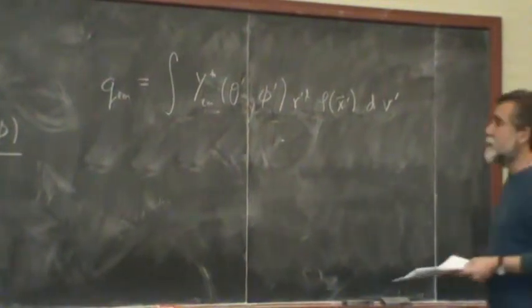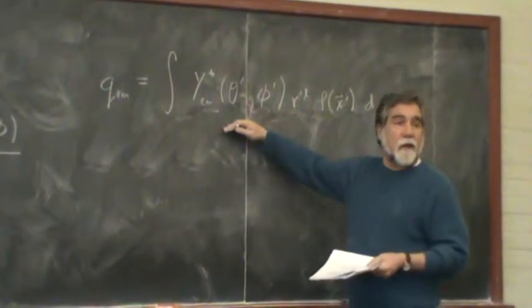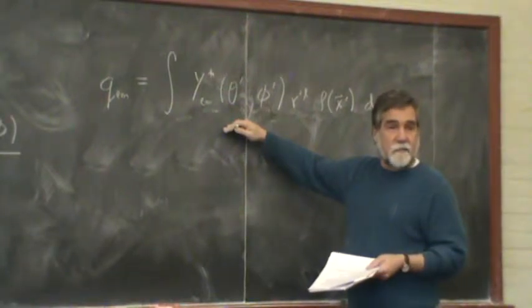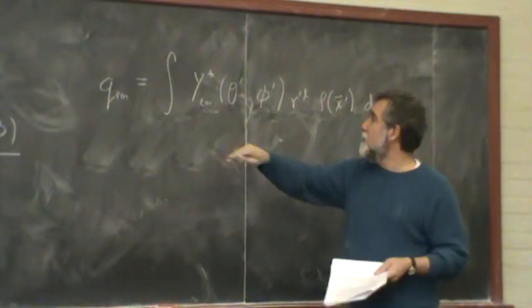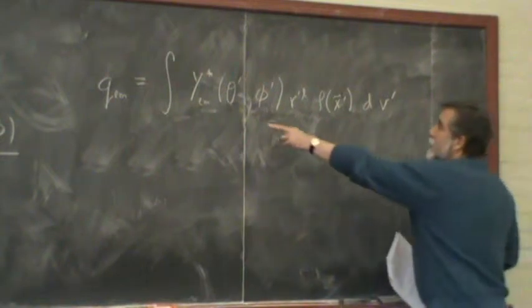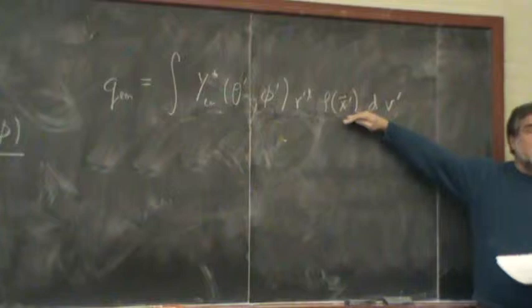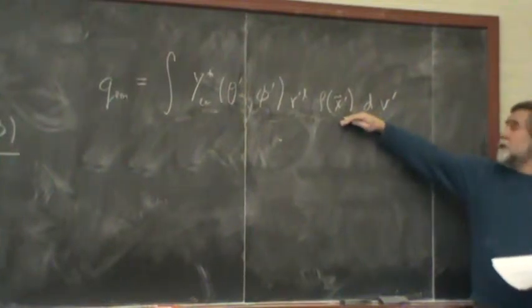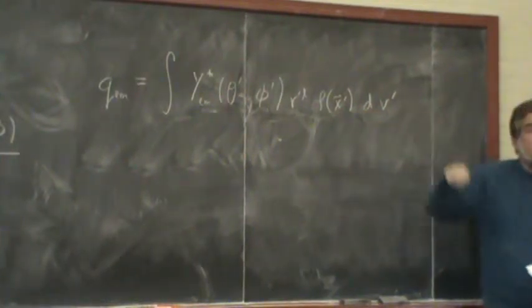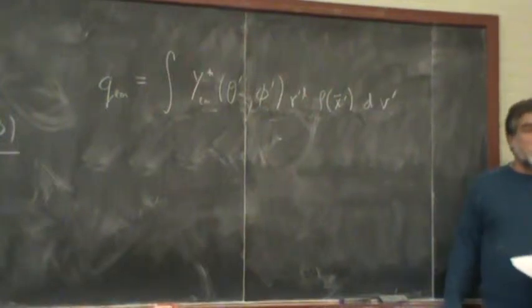So I'm using the orthogonality properties of the spherical harmonics. Okay. And I'm integrating over the charge density itself, where the charge is. And that will tell me what the coefficients for the various terms are.